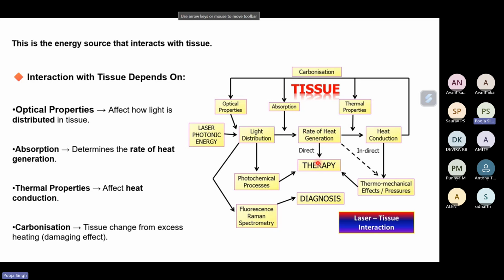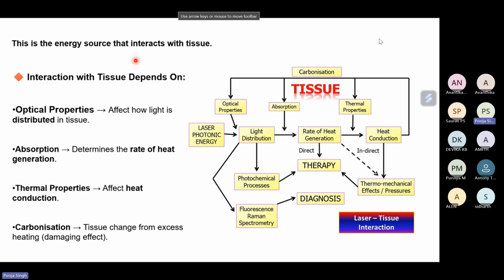Also, if absorption is occurring, then heat will also be generated. So where can we use this in therapy or in diagnosis, these are the things we can use. And if thermal properties come into the picture, then heat conduction, and we can also perform a thermomechanical effect using therapy treatment.